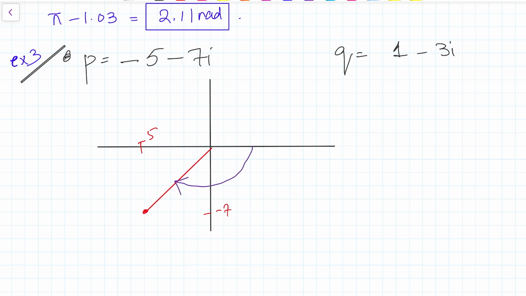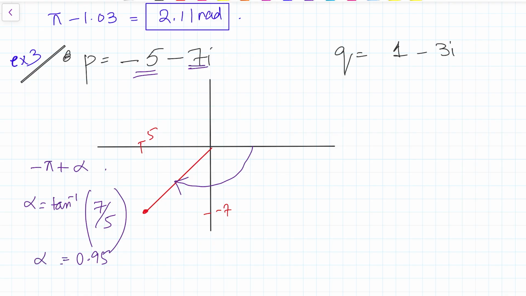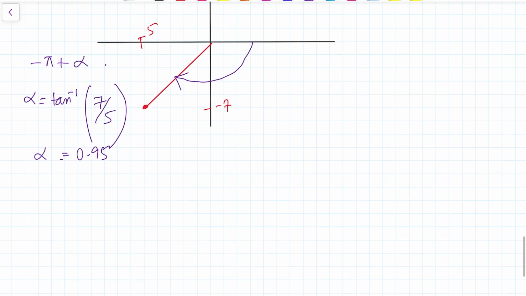So this entire argument is minus pi plus alpha. How do we find out alpha? Alpha is tan inverse 7 upon 5. We get 0.95. So minus pi plus 0.95 gives you minus 2.19 radians.